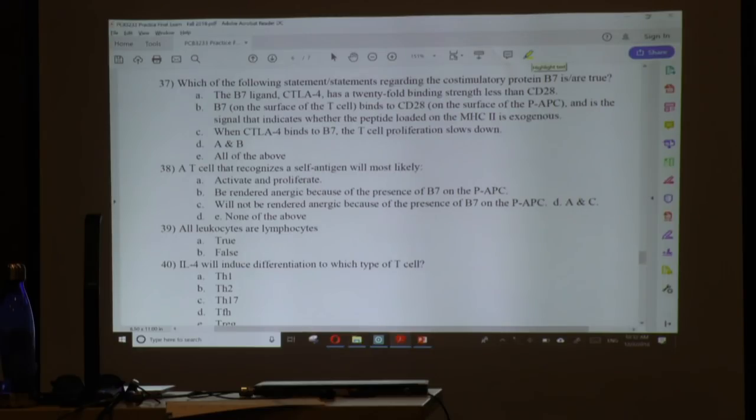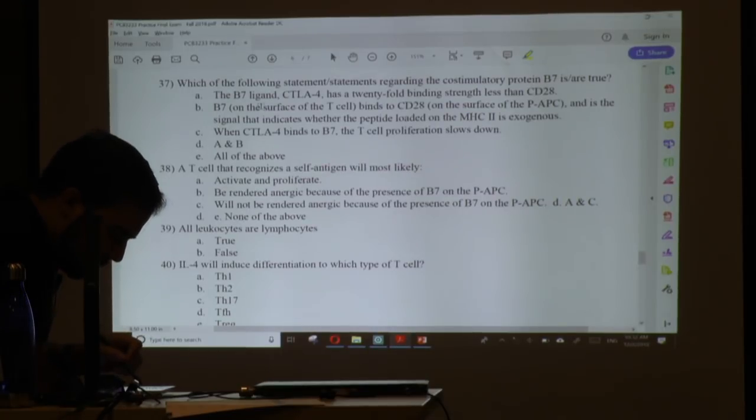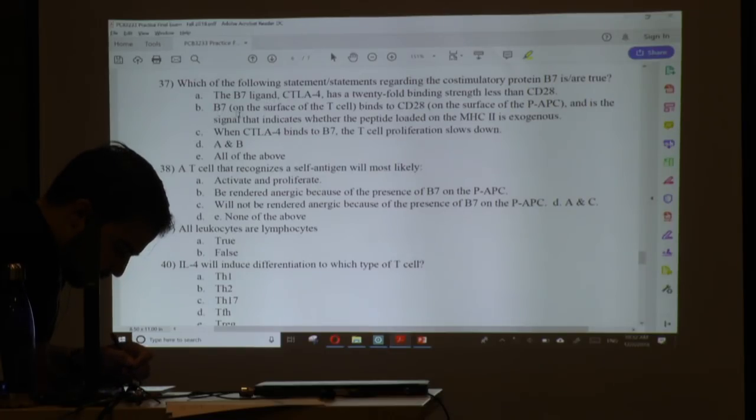So if a T cell recognizes our own epithelial cell and B7 is not present, then the T cell is told to deactivate, to go into the anergic state, and then die eventually. Yes? So then the correct one here is going to be C.